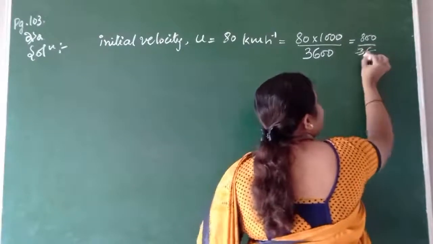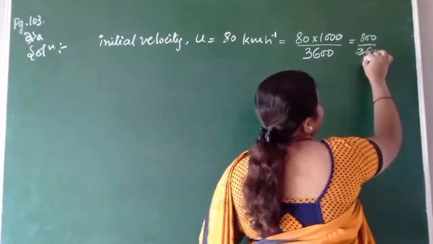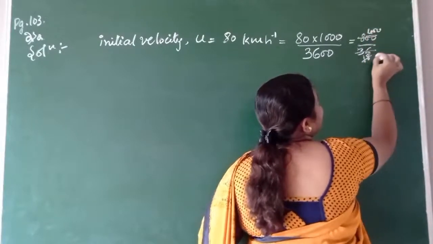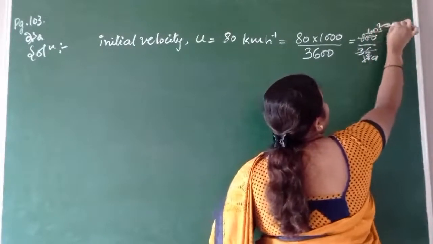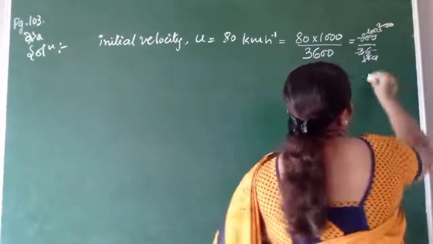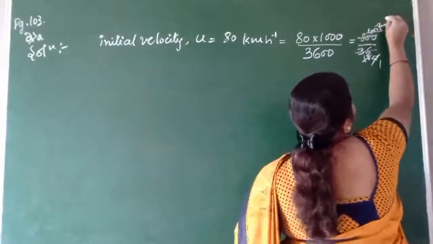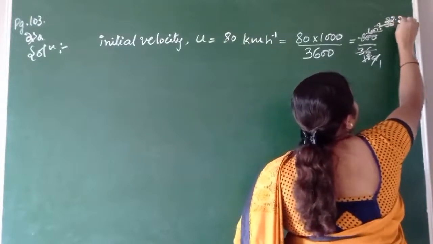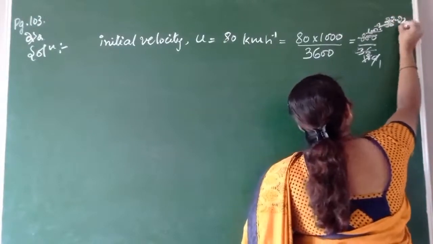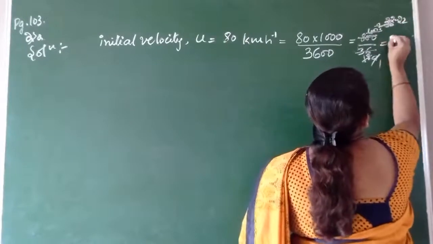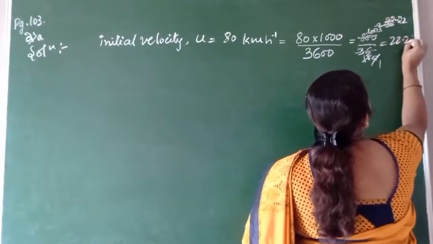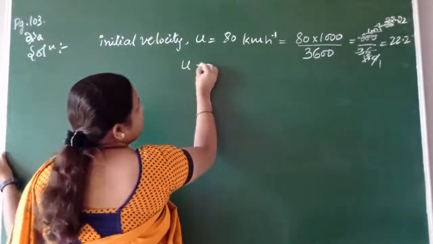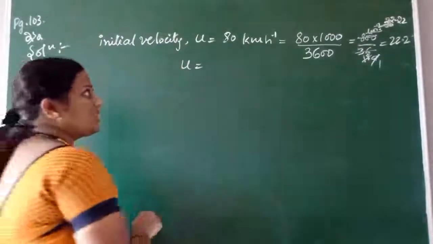You can go directly or simply: 36 into 22 is 792, 8 left, then bring down a zero, and so on, so 22.22 recurs. What is the value? 22.22. So what is the initial velocity in terms of meter per second, children?